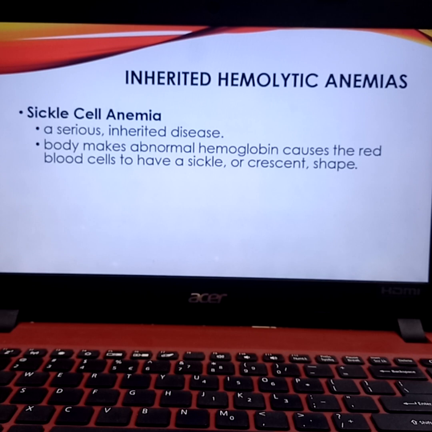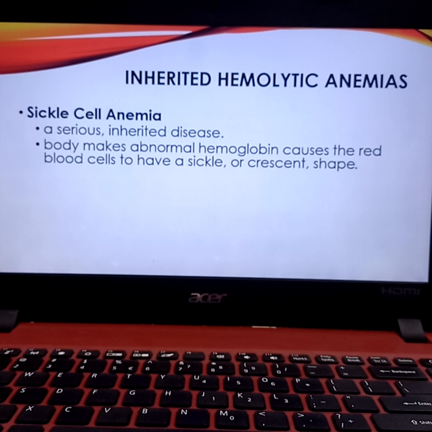For example, it can happen in your peripheral arteries, like in my hands or my feet. If a capillary there gets stuck with these crescent-shaped red blood cells, it's definitely going to affect the circulation of this patient.